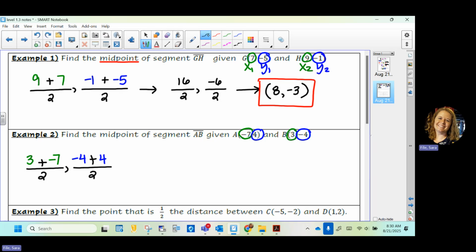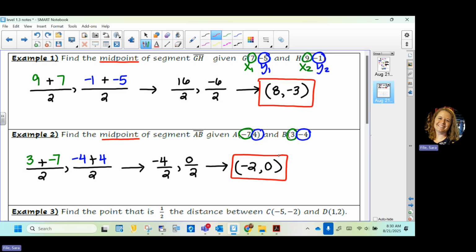Okay, so when I go to add those, -7 and +3 would be -4. -4 plus 4 would be 0. -4 divided by 2 would be -2. And 0 divided by anything is what? 0. So that is the location of the midpoint of AB.